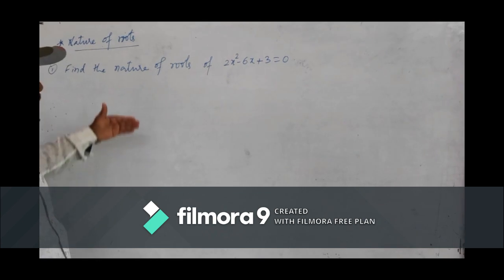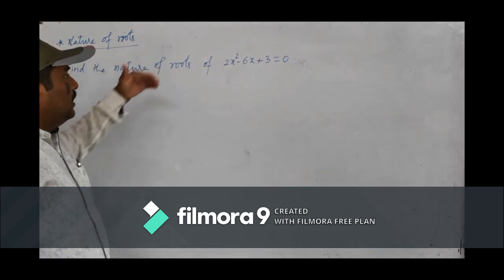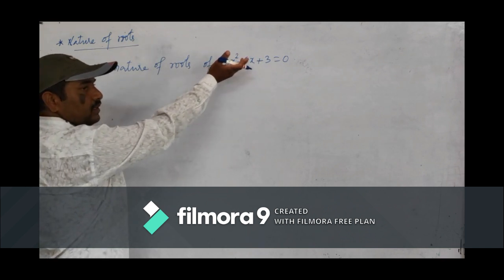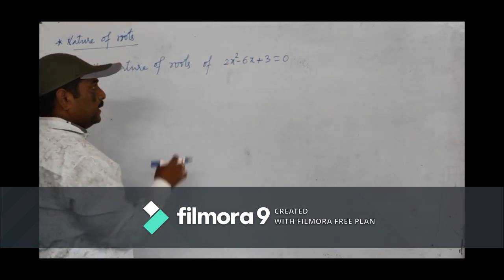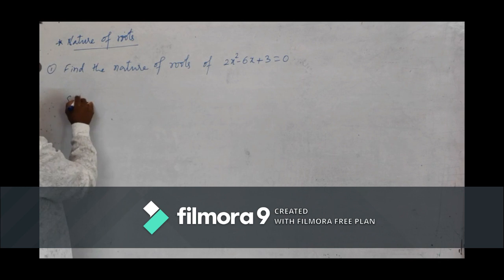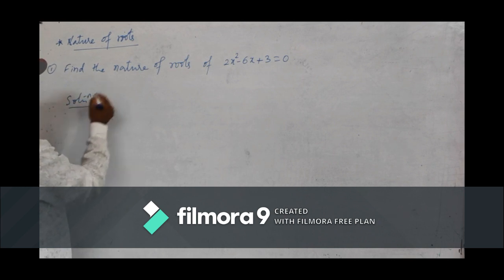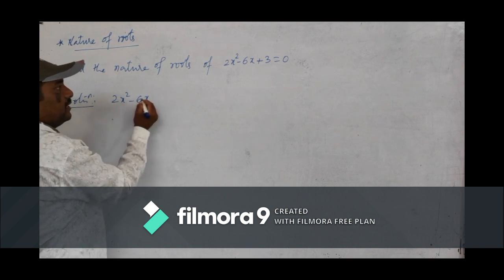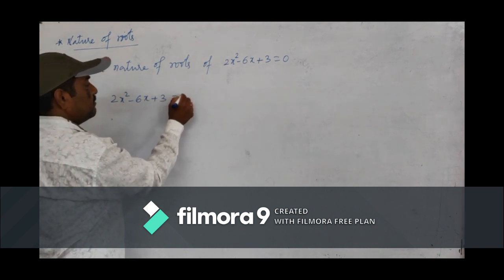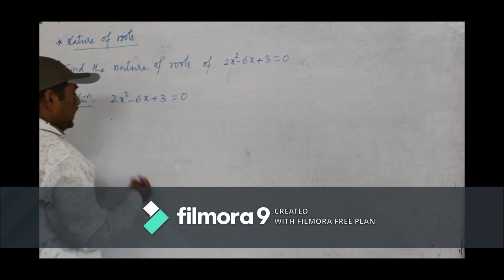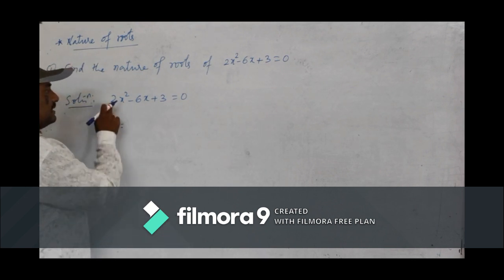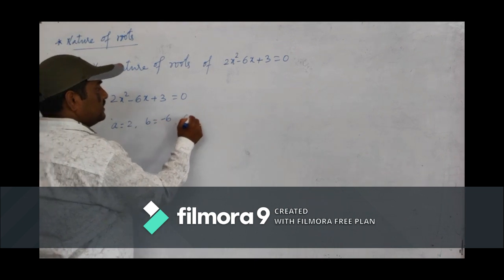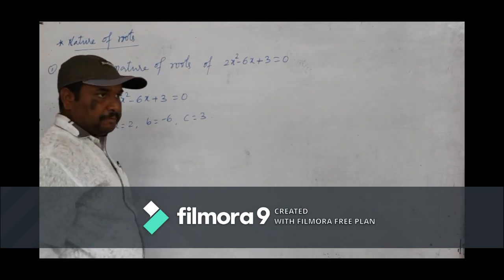First you have to find the value of discriminant. Here a is equal to 2, b is equal to minus 6, c is equal to 3.